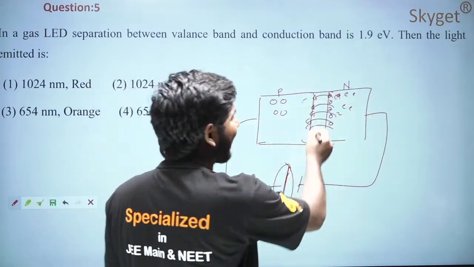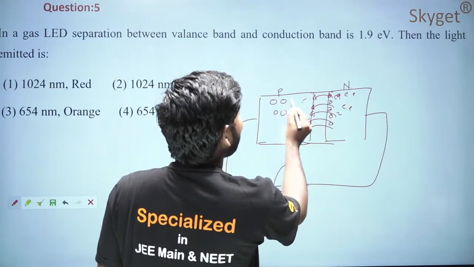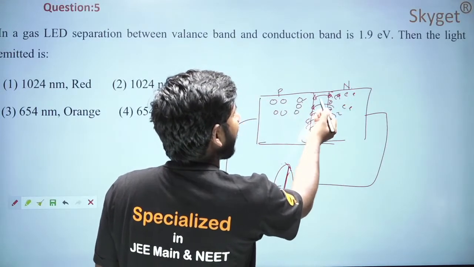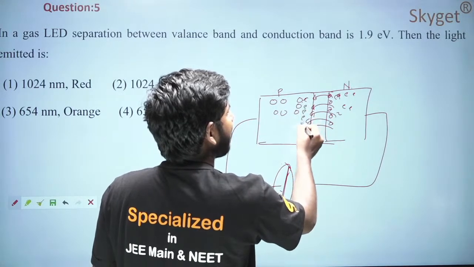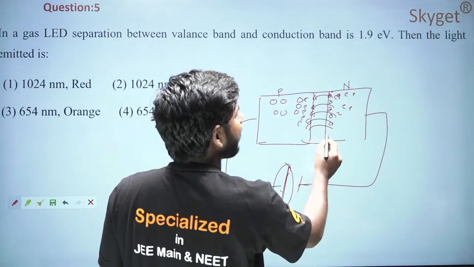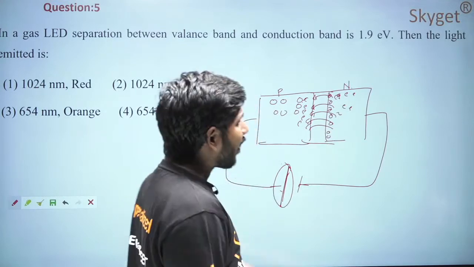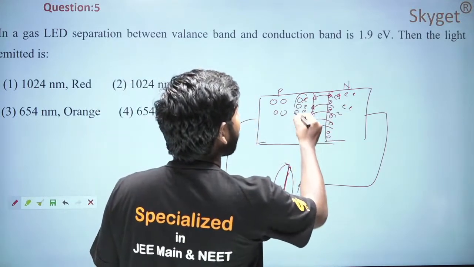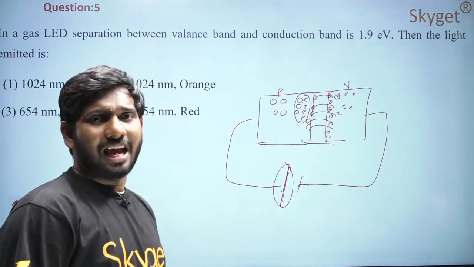There will be a band gap here. Here there are majorly holes and now electrons are coming in. Here there are majorly electrons and holes are coming in. Because of this, recombination of holes and electrons will take place.